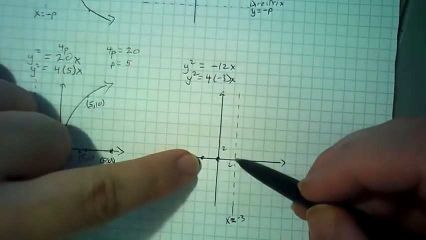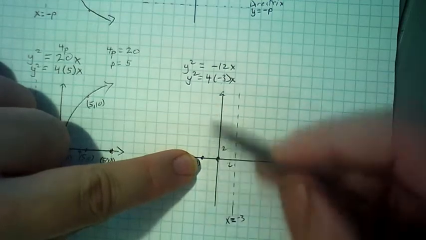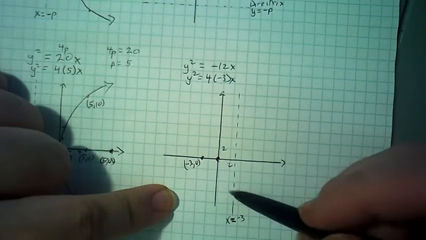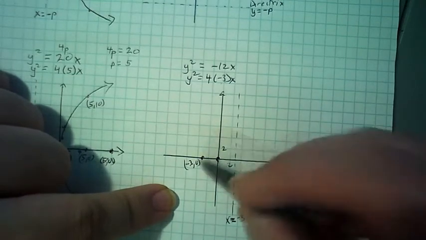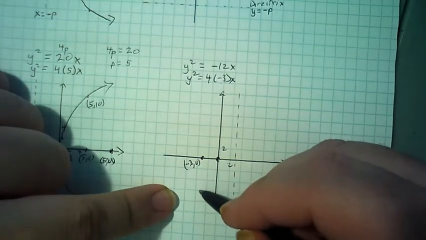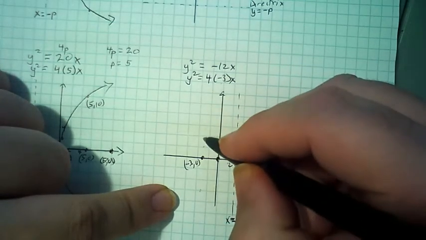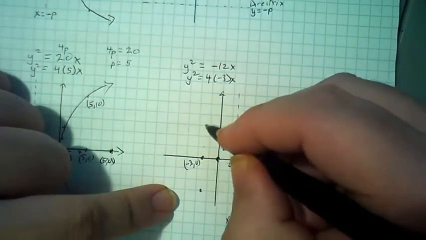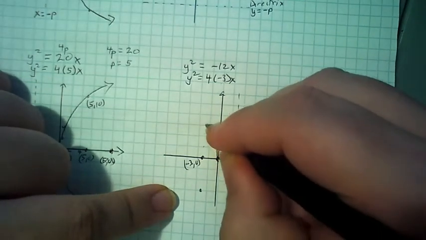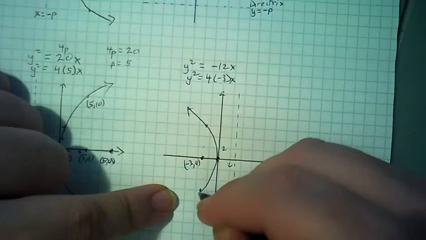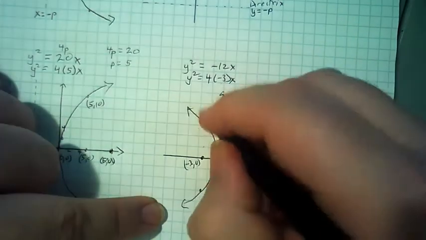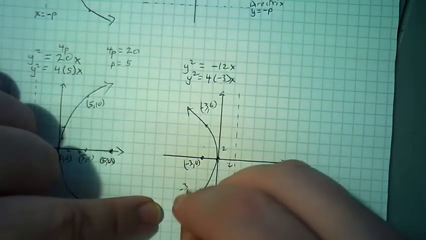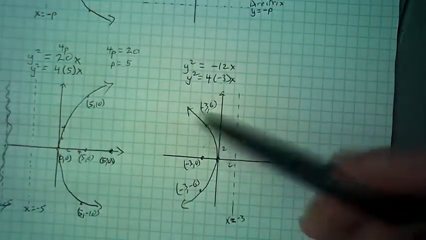Now the distance from my line to the line parallel to it that goes through the focus there is 6. So I need to go down 6 spaces and up 6 spaces. And here's my parabola. That's negative 3, 6, and negative 3, negative 6 on my parabola.